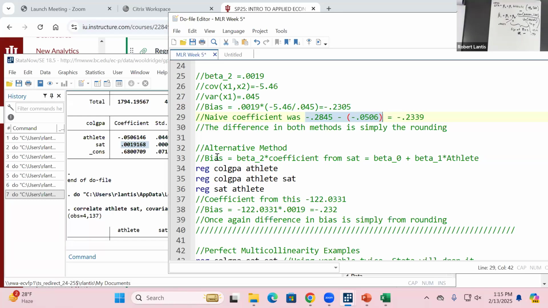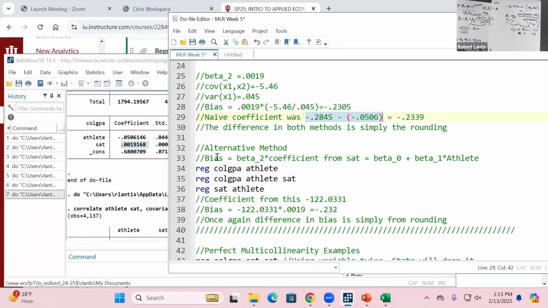So we said this portion of the bias looks something like, if I were to run a regression where the omitted variable was my dependent variable and my independent variable was this variable I included, that coefficient estimate would actually be that portion of the bias. So we're going to try to prove it this way as well.